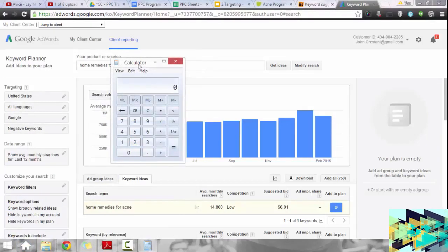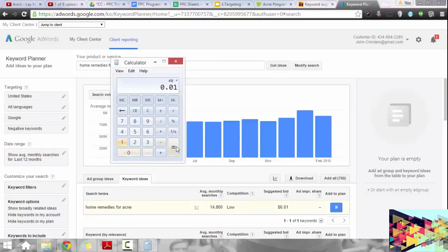If the product is $40 and typically it converts at 1%, then we know we can spend about 40 cents per click. So even though the suggested bid is $6, we're still setting the bids at 40 cents because that's what we need to be profitable.